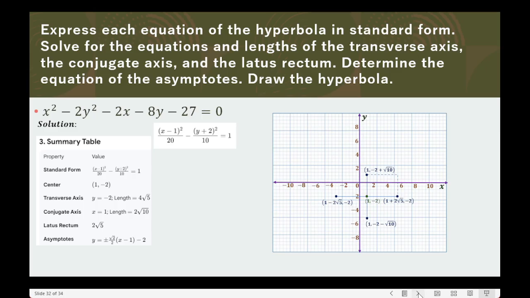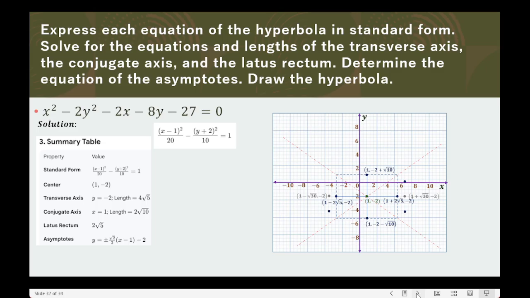Then draw an auxiliary rectangle whose sides pass through the four plotted vertices on this Cartesian plane. Then draw the two foci, then the diagonals.